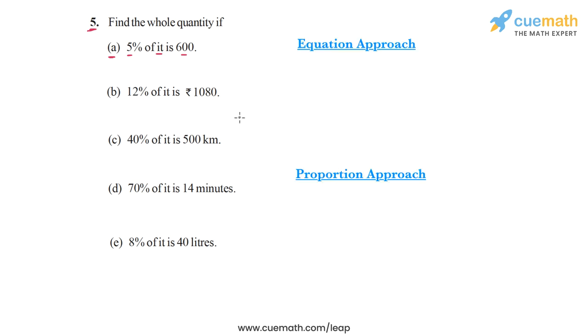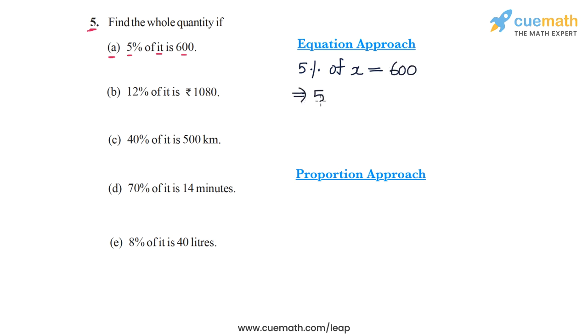Okay, so in part A, we have 5% of an unknown quantity is 600. So let the unknown quantity be x. So we write 5% of x is equal to 600.